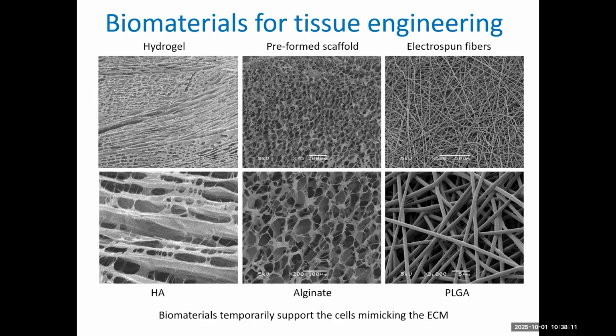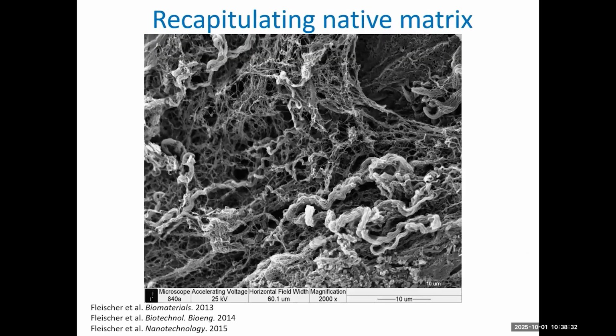We can seed the cells into these pores and then transplant these scaffolds with the cells. Or we can create fibrous scaffolds, in which the biomaterial really mimics the morphology of the extracellular matrix, as you can see, in this case, PLGA fibers by electrospinning.